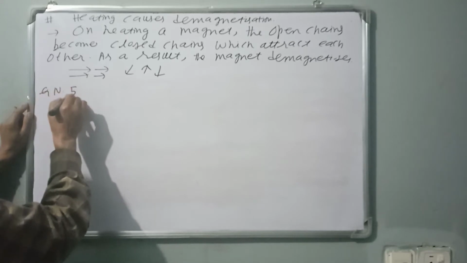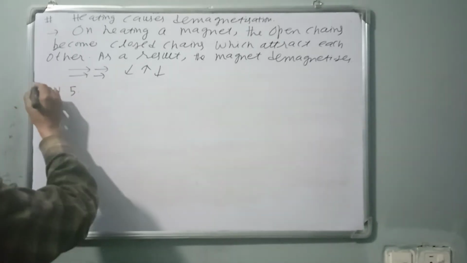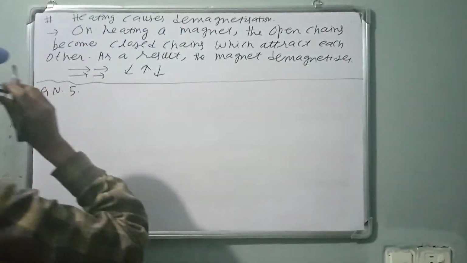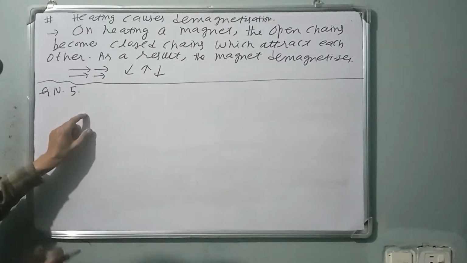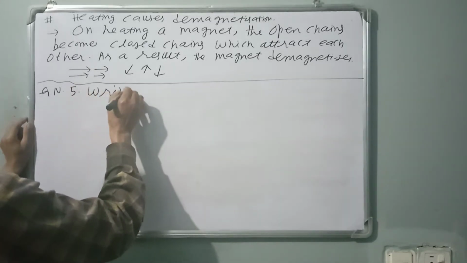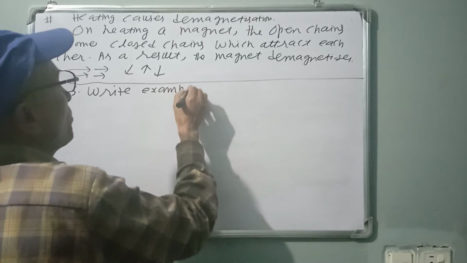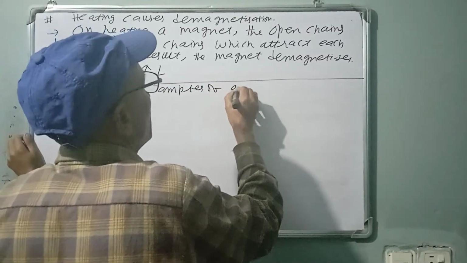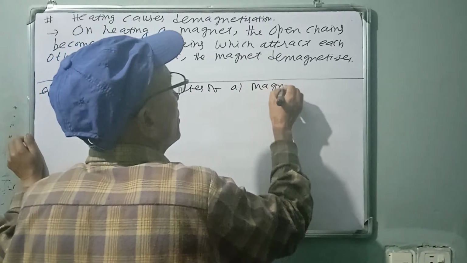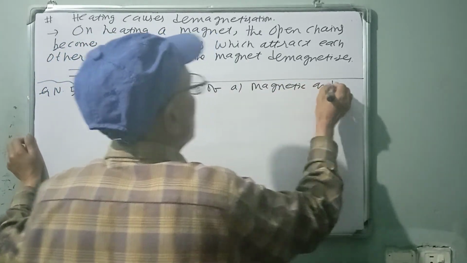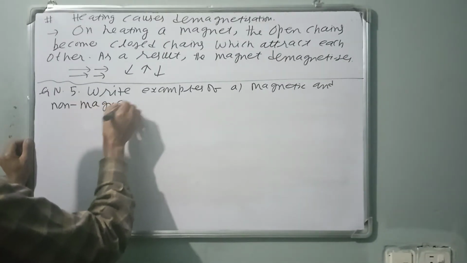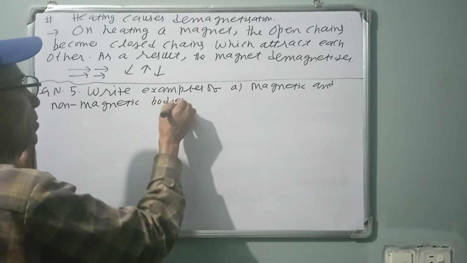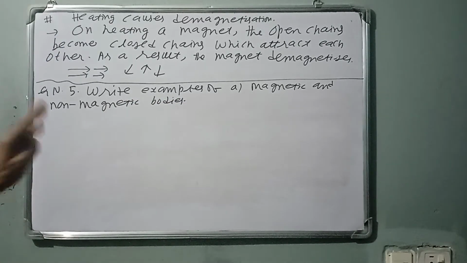Question number 5. Write examples of magnetic and non-magnetic bodies.